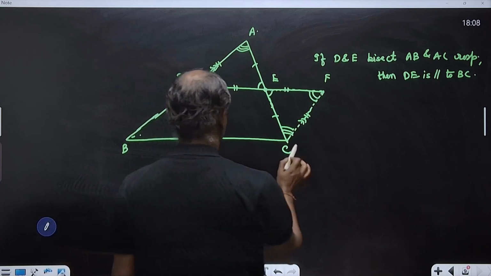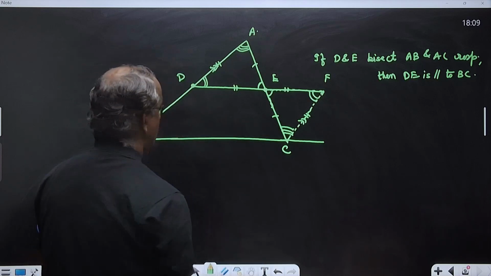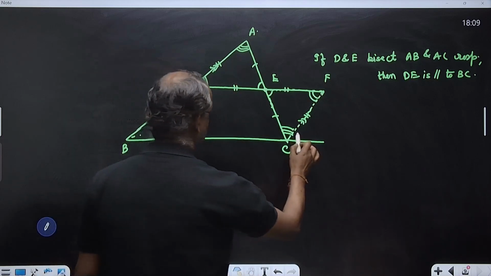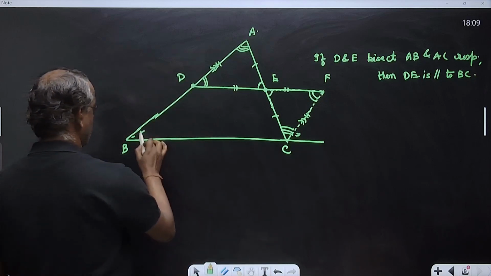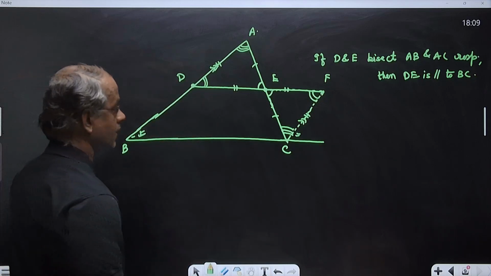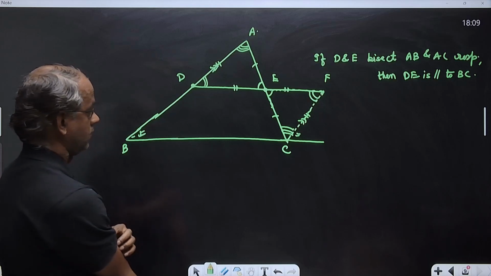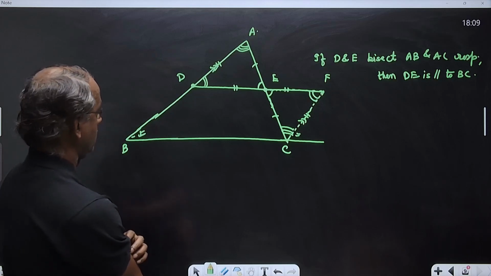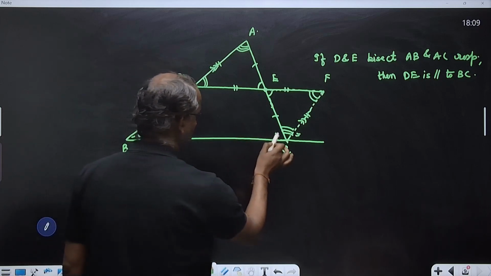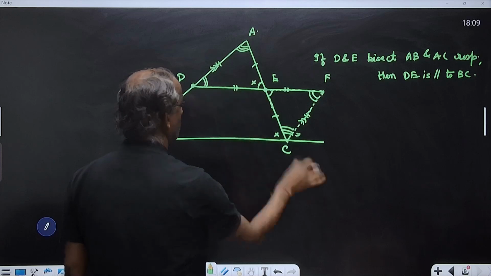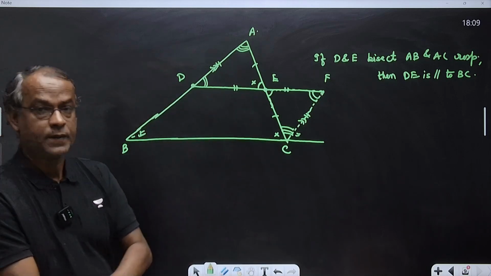These two are already parallel, so this angle is equal to this angle. So this third angle is going to be equal to this angle. Since these two angles are equal, they are going to be parallel.